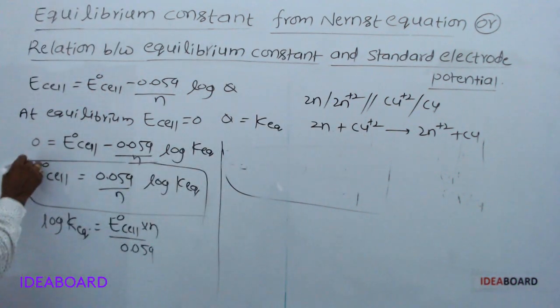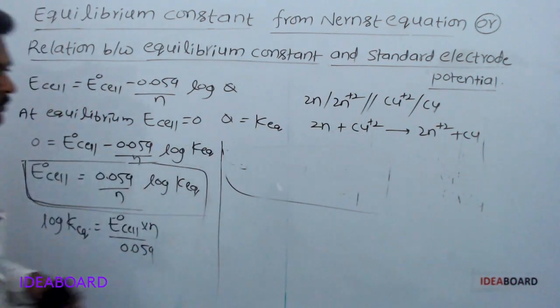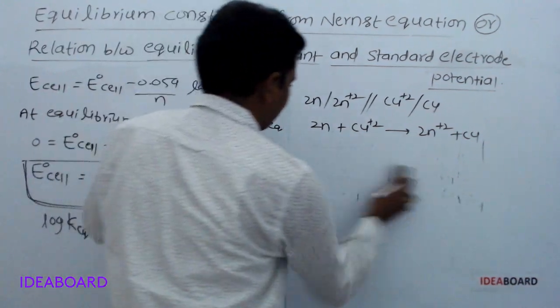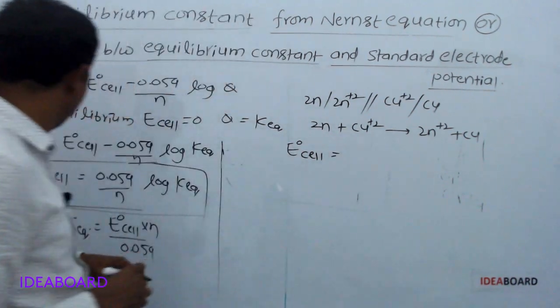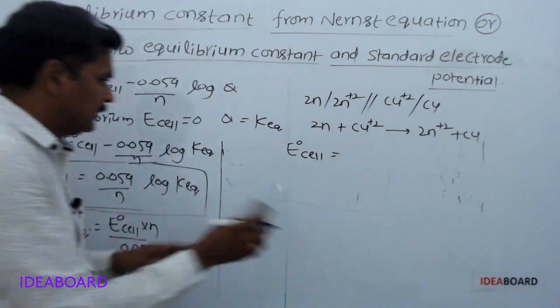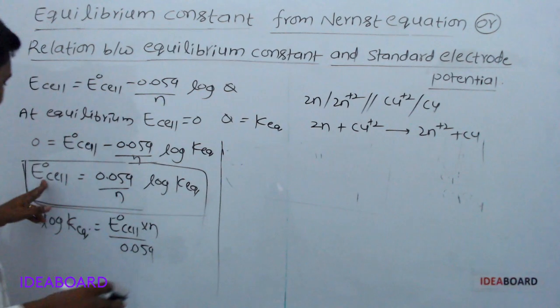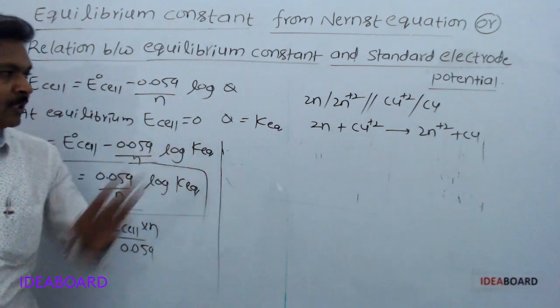For this, let us calculate standard electrode potential of the cell. This E naught cell is nothing but standard electrode potential of the cell.